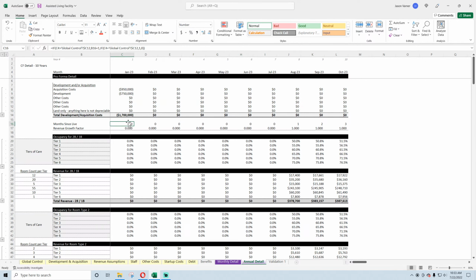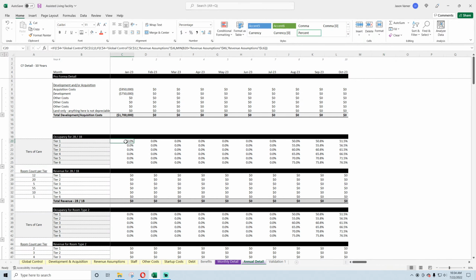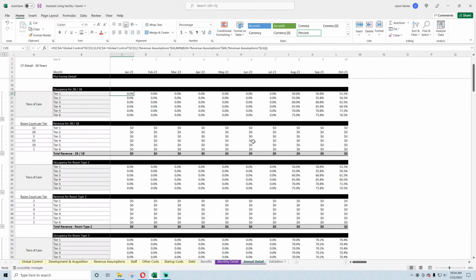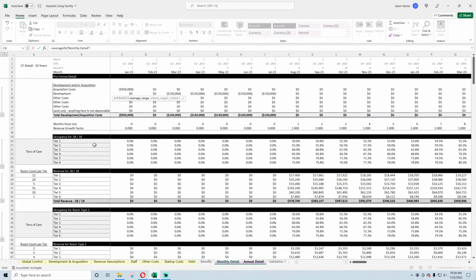Okay, months since live. These are not relevant for the annual tab. Now occupancy, we're going to do an AVERAGEIFS for each year.